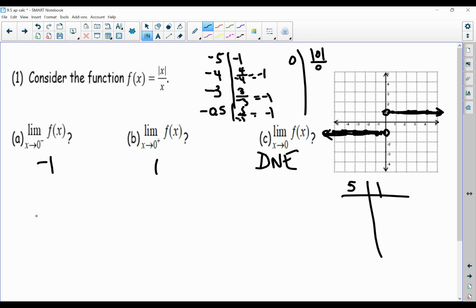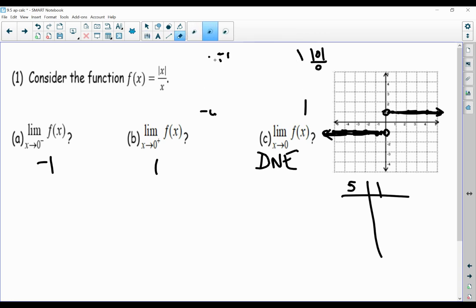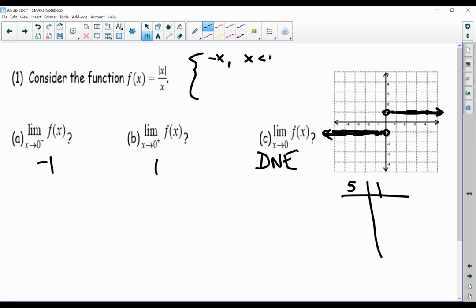Now, another point that I want to make about this function is the following. So I'm just going to erase my little table here. Absolute value is really a piecewise function, and we're going to talk a little bit more about piecewise functions today and how we deal with them. If I think about it, absolute value of x is really -x when x is less than 0, and x when x is greater than or equal to 0.